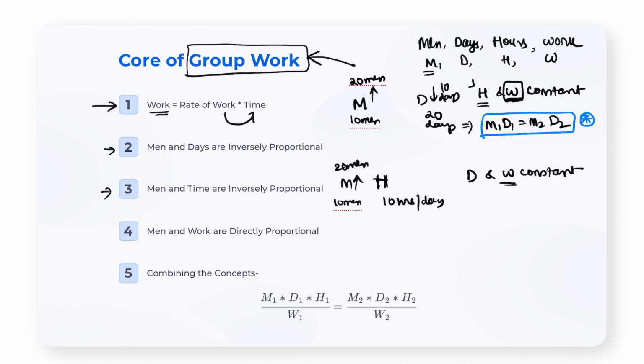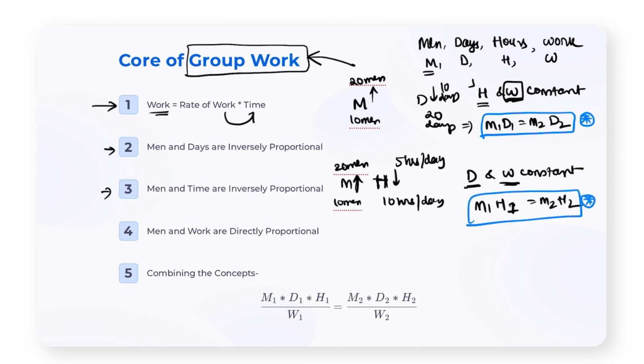They still have the same amount of work to be completed, working for D number of days. What happens to the number of hours per day now? It's going to decrease to 5 hours per day. So basically, men and time also exhibit an inverse relationship with each other, given D and W being constant. So if the work is constant, number of days are constant, M1 H1 will be equal to M2 H2.